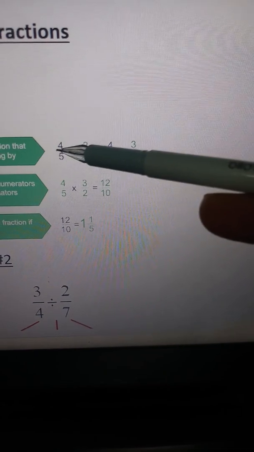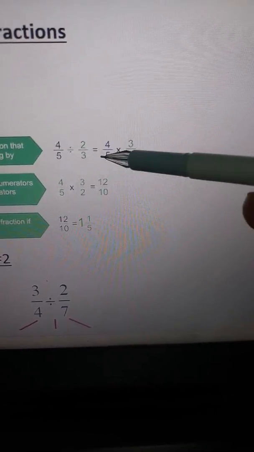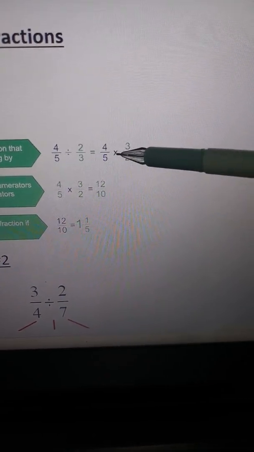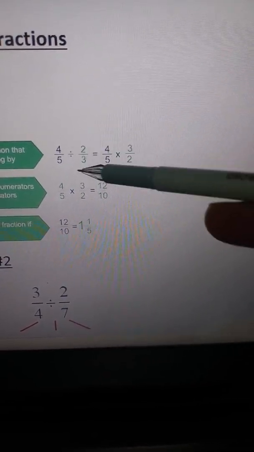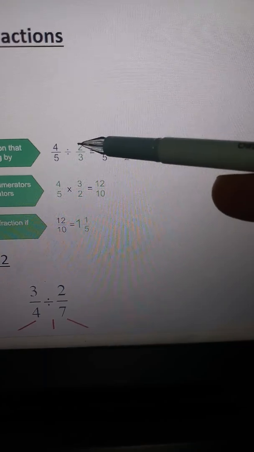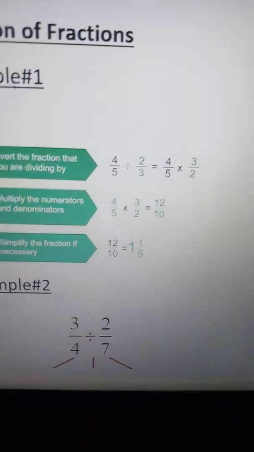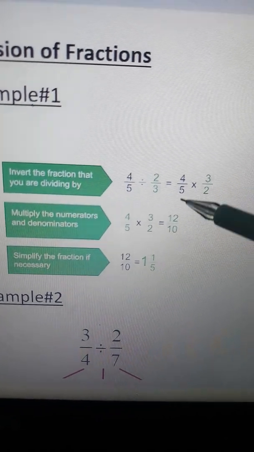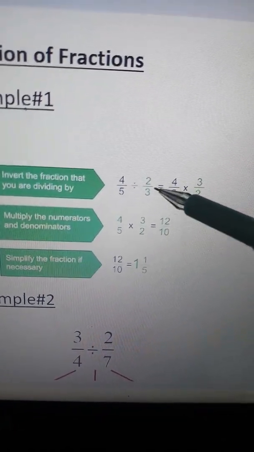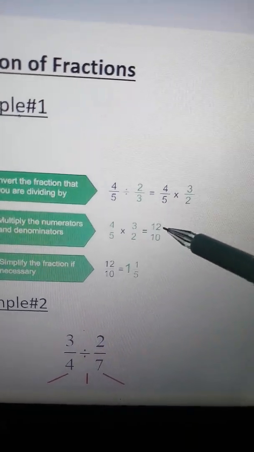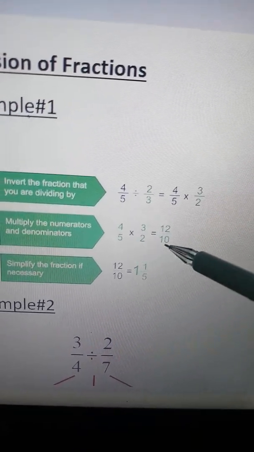So we will take the first fraction as it is, 4 by 5, and then we will change the sign of division into multiplication, and then we take the reciprocal of the next fraction. After taking the reciprocal, it will become 3 by 2. Now we can multiply them. 4 multiplied by 3 is 12, and 5 multiplied by 2 is 10.